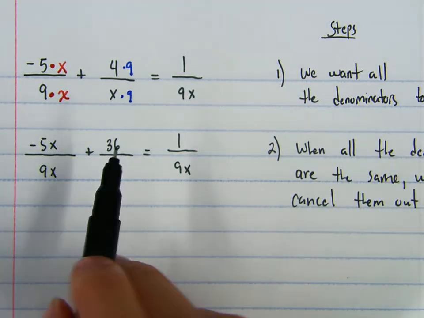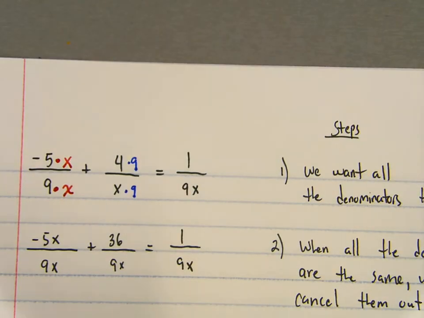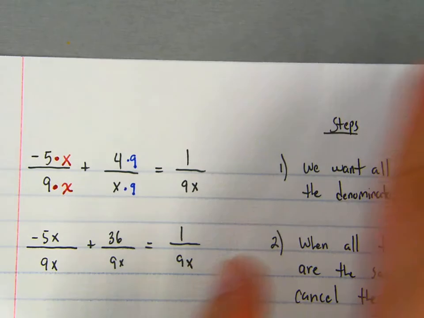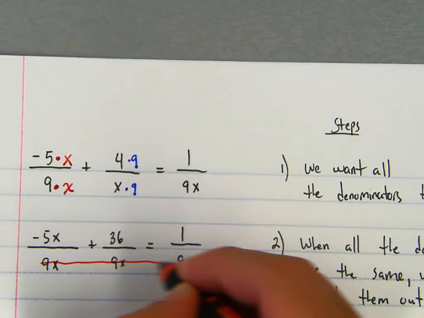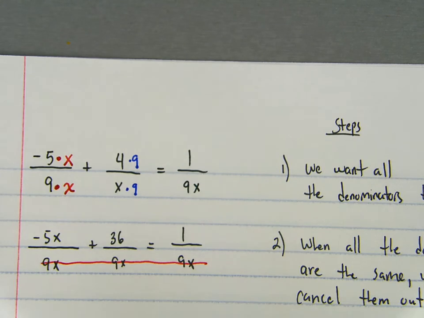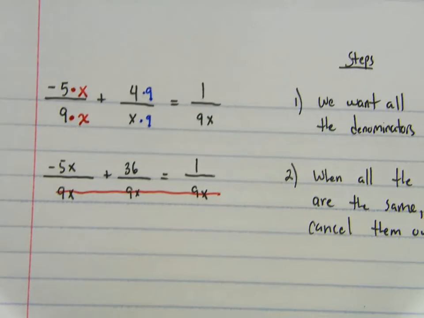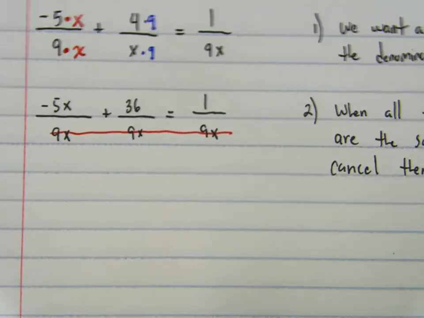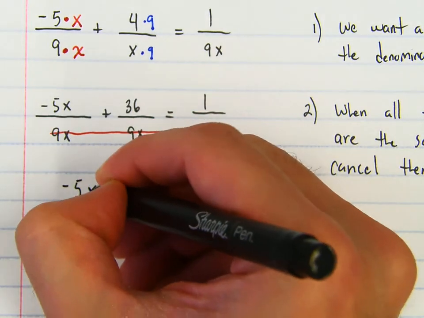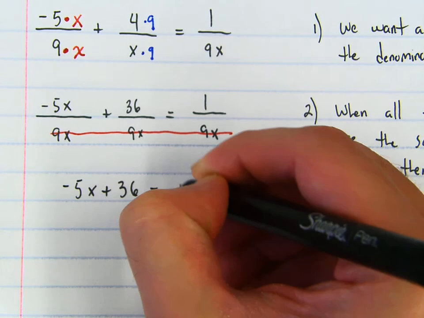Once they're all the same, you know they are done. You just cancel them out. You can only do this once the denominators are the same. And then notice, what are you left with? You're just left with what's on top, which is -5x plus 36 equals 1.